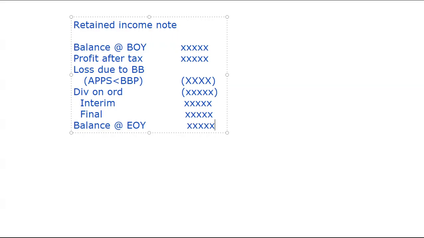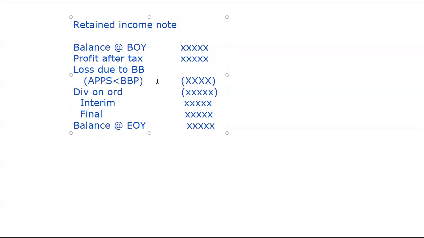This is how your retained income note will look like. This is basically all they were asking.